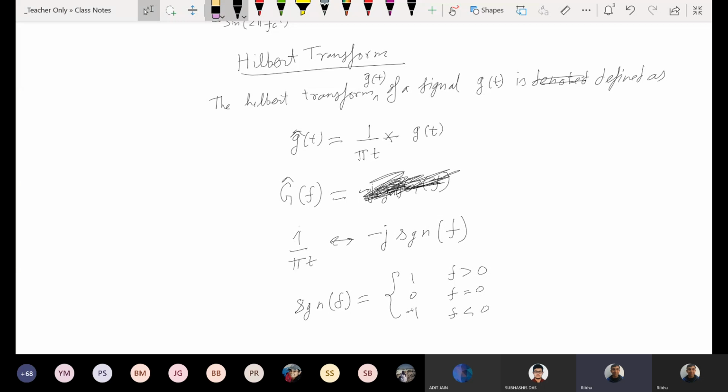Anyway, I'll erase these before uploading the notes. Whenever I upload the notes, I'll make all the erase corrections. So minus j signum of f, g of f. Fine.